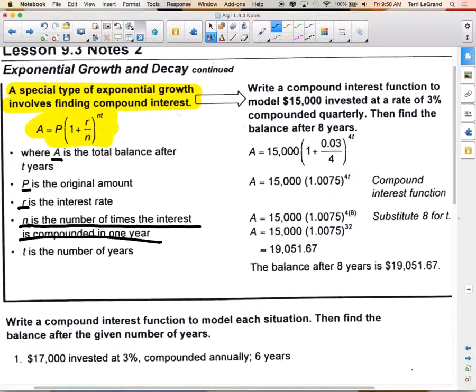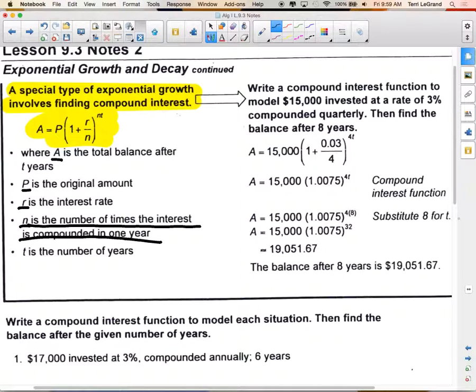So let me give you some examples of how we would have to make a decision for N. If it says it is compounded annually, how many times would that be? Once a year, so then N would be 1. What if it's compounded quarterly? 4. That'd be 4 times a year, so then N would equal 4.